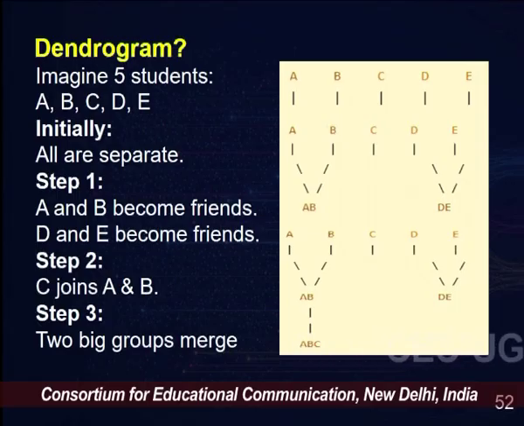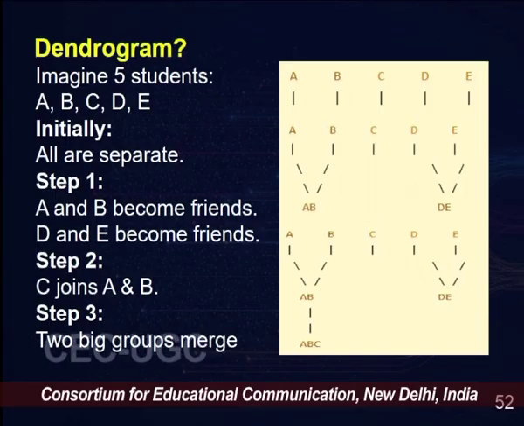Initially they are all separate. This was happening in agglomerative clustering, as you remember.